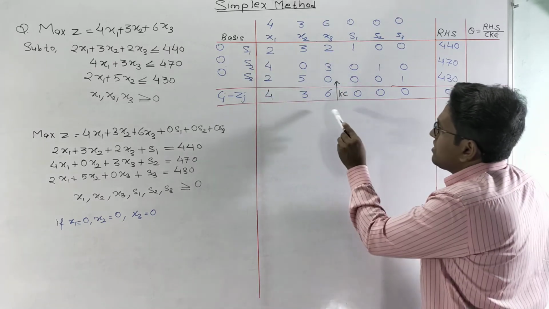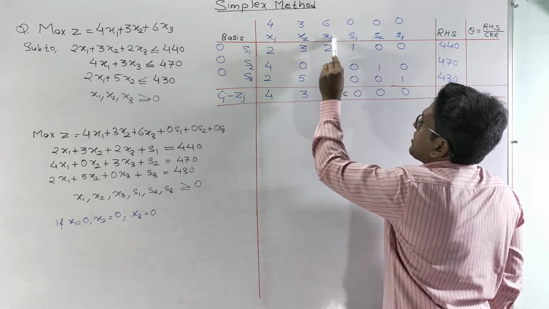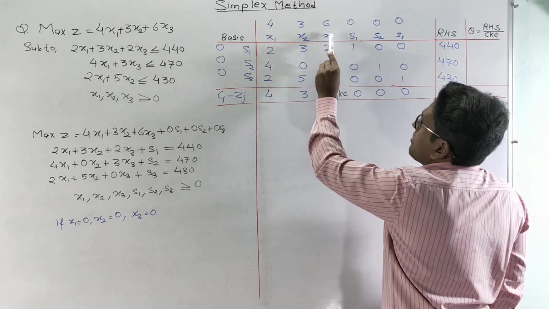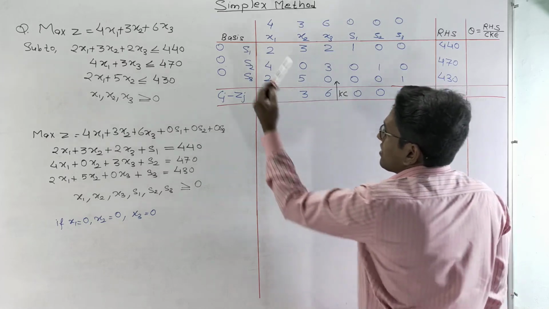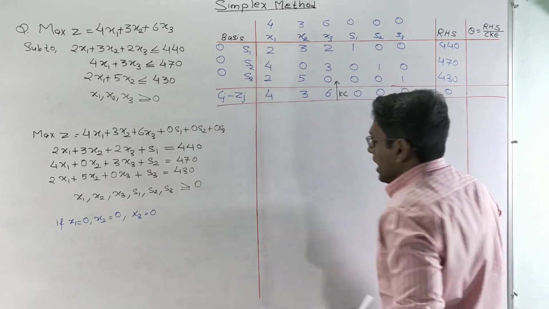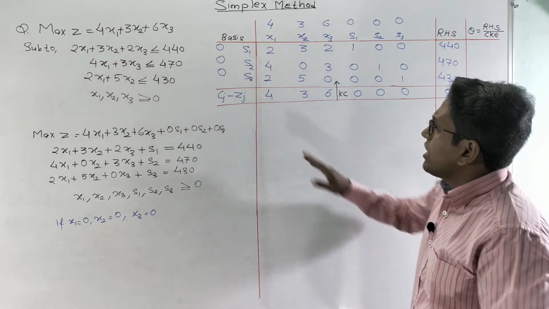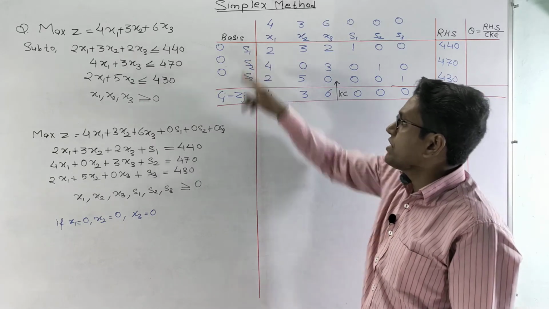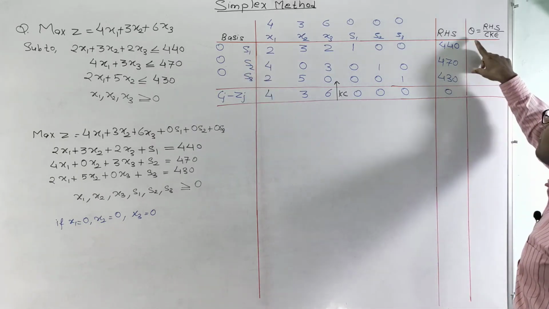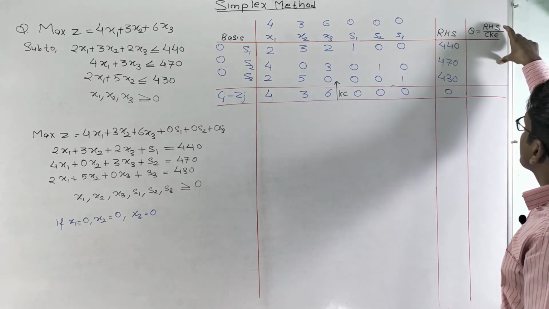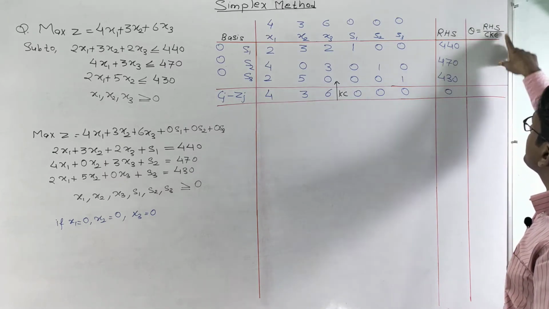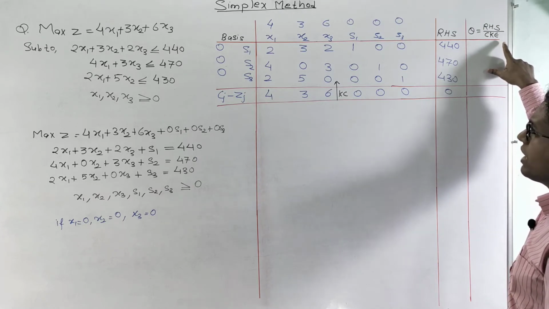So as we can see here, this is variable x3, that means variable x3 will enter the basis column and replace either s1 or s2 or s3. And now to find out the exit or leaving variable, we will calculate another term called theta, and theta is nothing but the ratio of the right hand side value divided by the corresponding key column element.